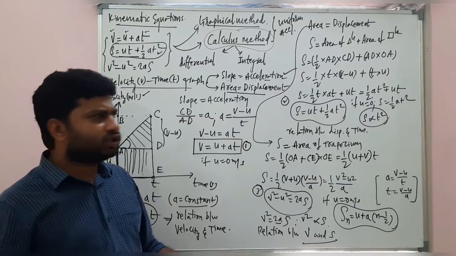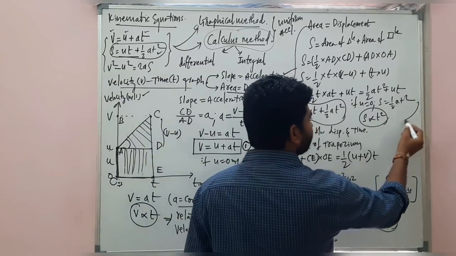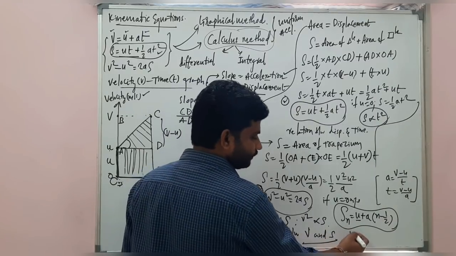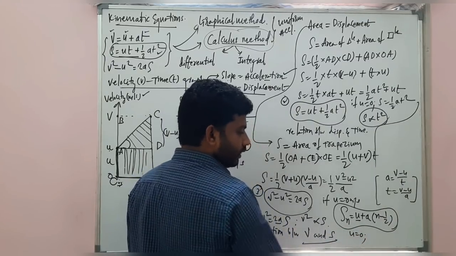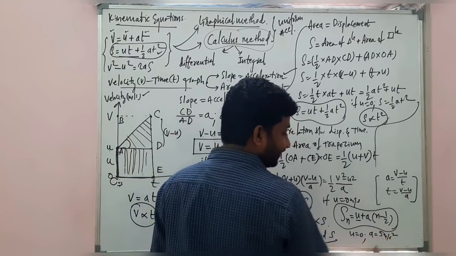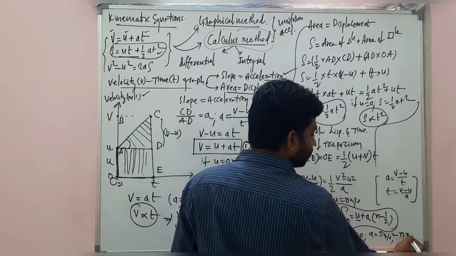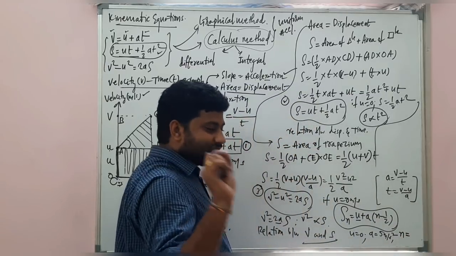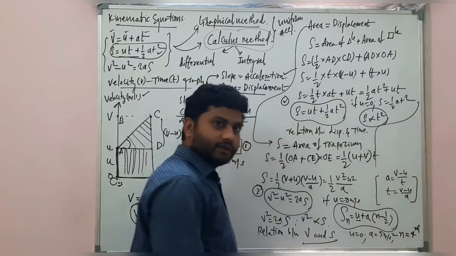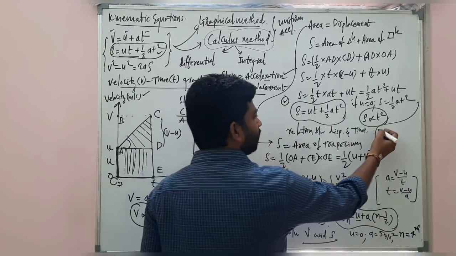Now, for example, a question can also be asked like this, my dear students. For example, initial velocity 0. Acceleration is equal to 5 meter per second square. Imagine the question is, find the distance covered by the body in the 4th second. So just find out.